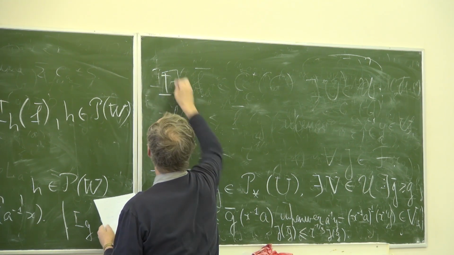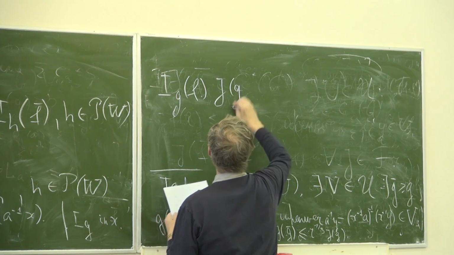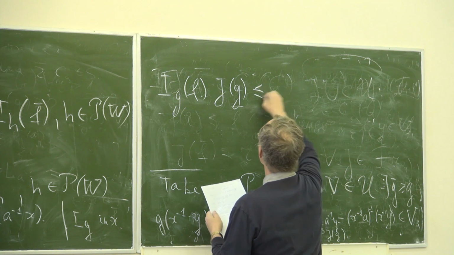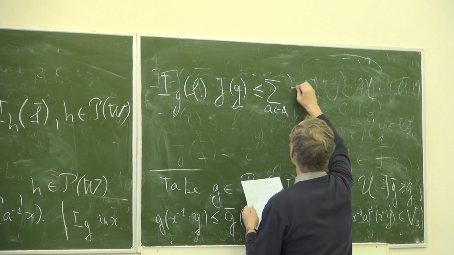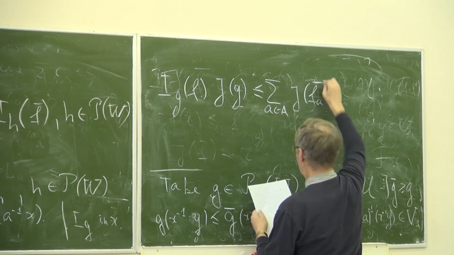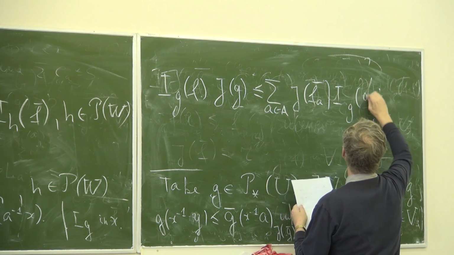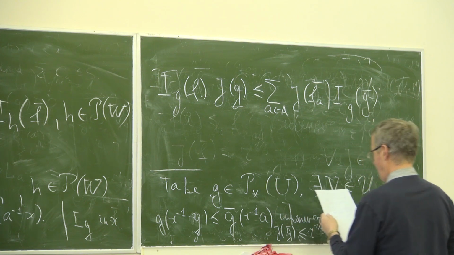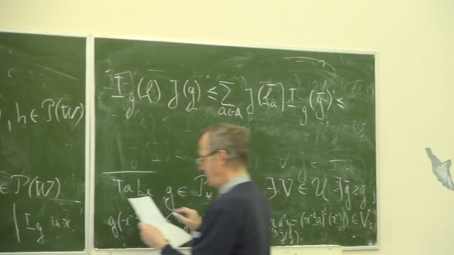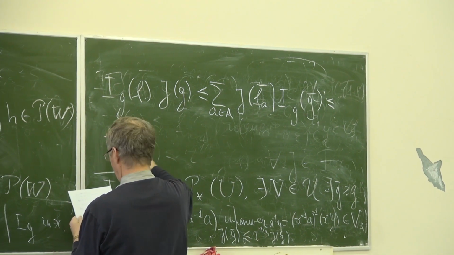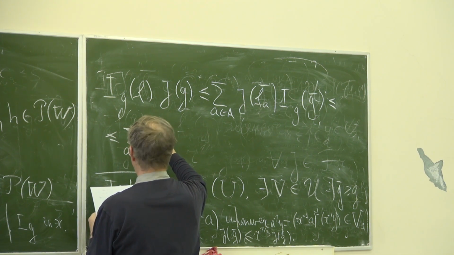So ij of f, g of j is less than or equal to the sum over a in capital A, g of f a bar, I g of g bar, and here we can eliminate this by the following sum.